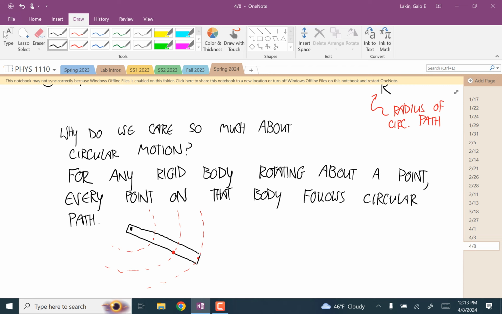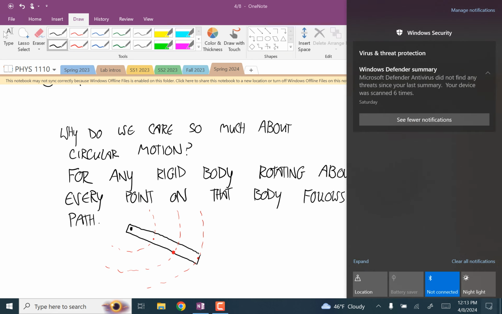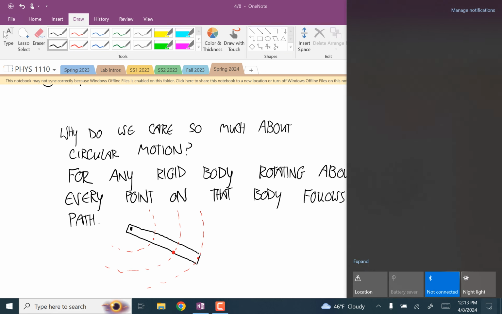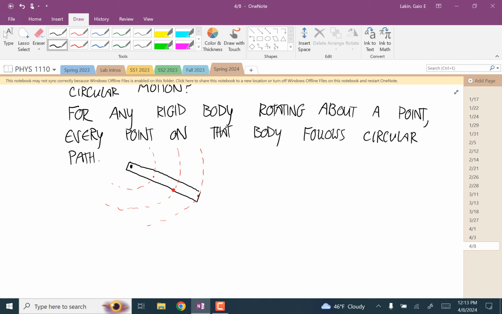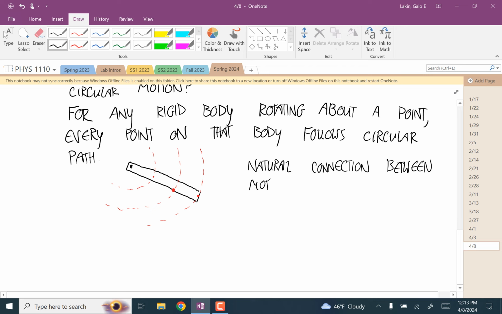And so there's a natural connection between the motion of rigid bodies and circular motion.